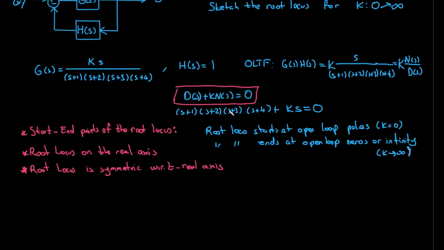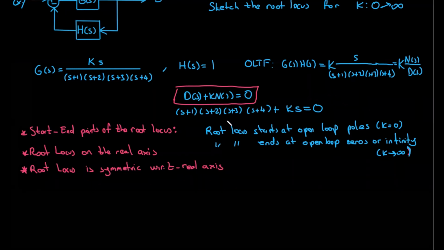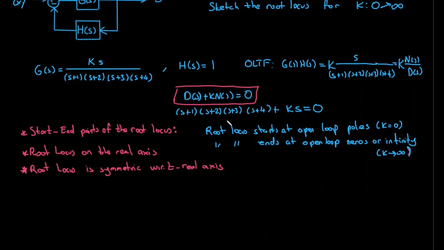For real coefficient polynomials, the complex roots appear as complex conjugates. So if a complex number is a solution to that equation, its complex conjugate is also a solution of that equation.